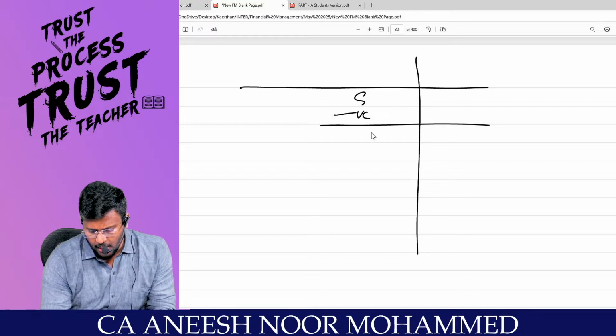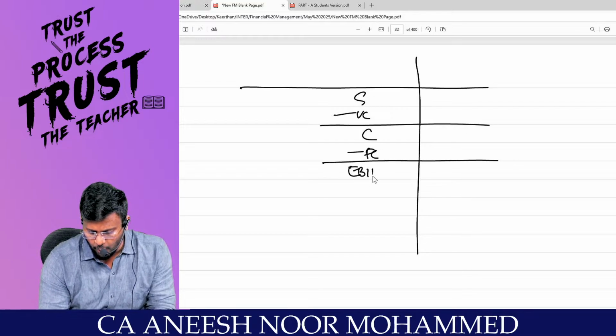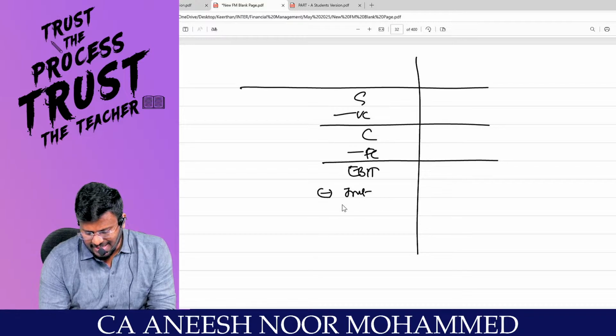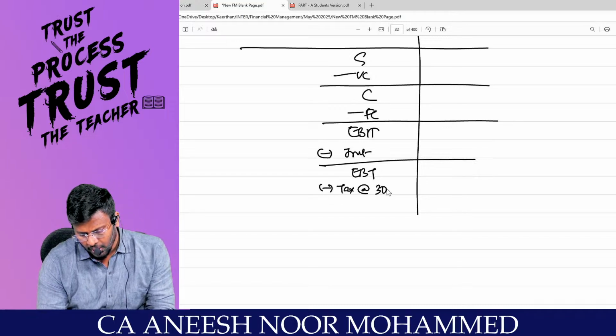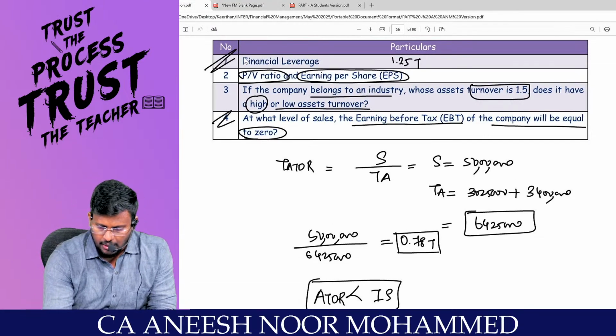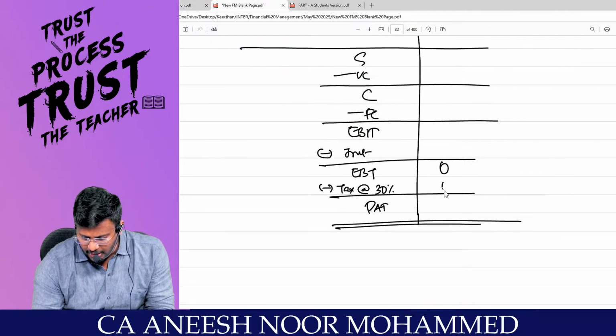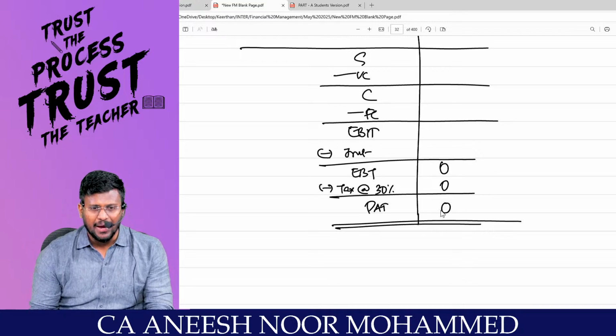Sales minus variable cost is contribution; contribution minus fixed cost means earnings before interest and tax. Less interest, you will get earnings before tax. You have to pay tax at the rate of 30%, you will get PAT, correct? But they want EBT of 0. If EBT is 0, automatically tax will be 0. If the tax is 0, PAT will also be 0.